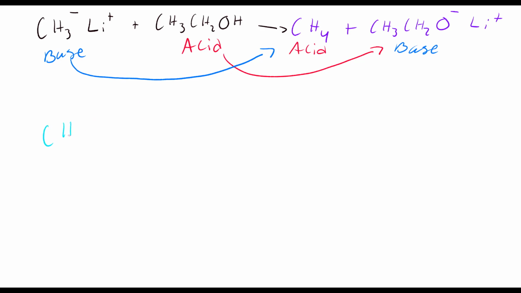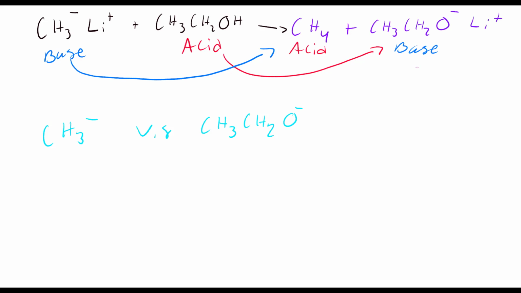After that, we compare our bases. So CH3 minus versus CH3CH2O negative. By the way, I'm ignoring lithium. It's a metal, just ignore it. It's a spectator ion. Again, this is more of an electronegativity comparison. Sometimes you don't even have to draw your Lewis structure. Sometimes you can just look at the molecule. One molecule has carbons and hydrogens. The other one has an oxygen.